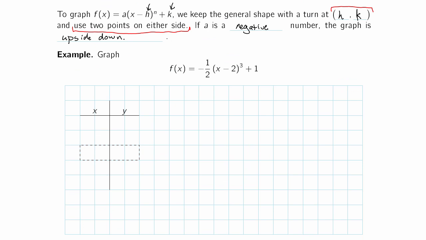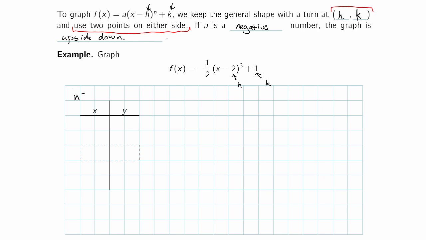And notice that I haven't drawn my axes yet. When I go to draw a graph, I want to make a plan before I draw my x and y axis. So here we have our values of h and k, right? We have x minus 2, x plus 1.